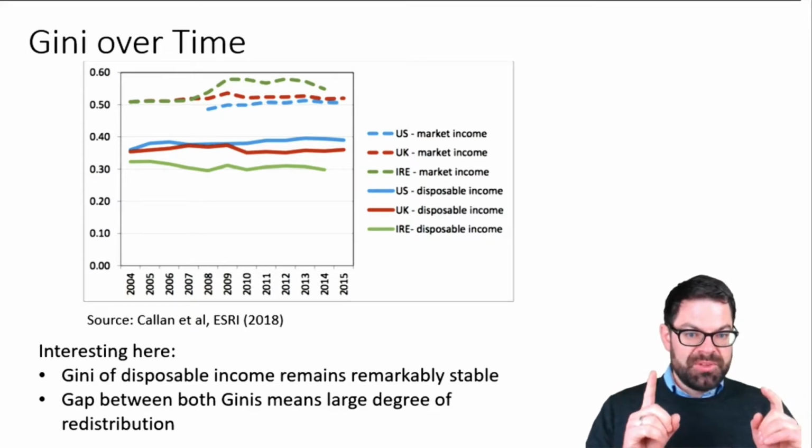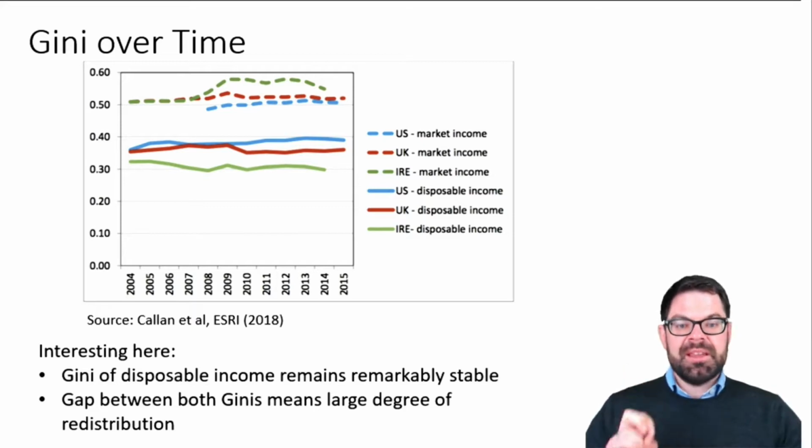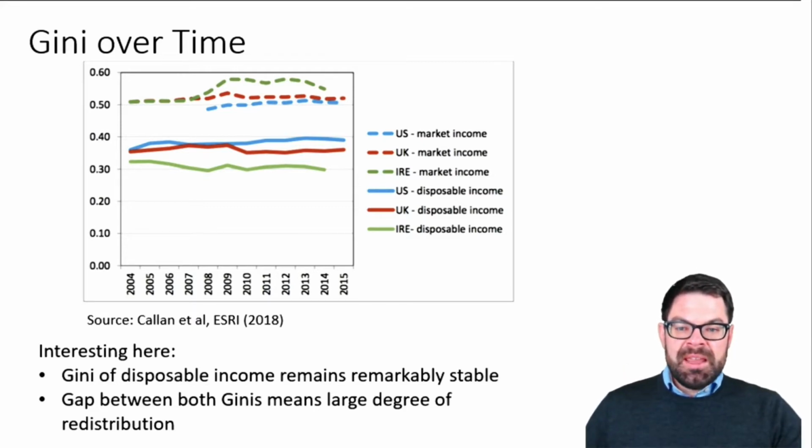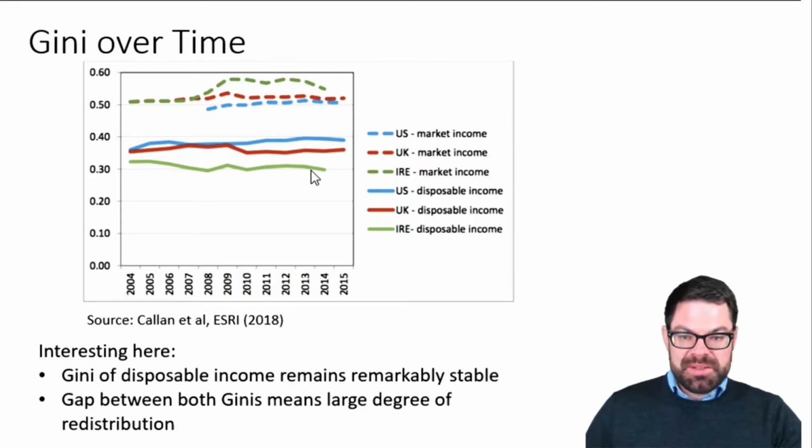That's one remarkable thing. The second remarkable thing is that the Gini in post-tax and post-transfer income, so in disposable income, remained constant throughout the time of the financial crisis, right?